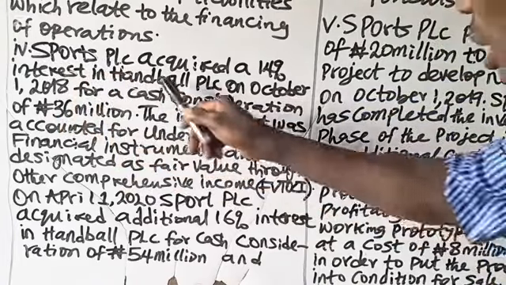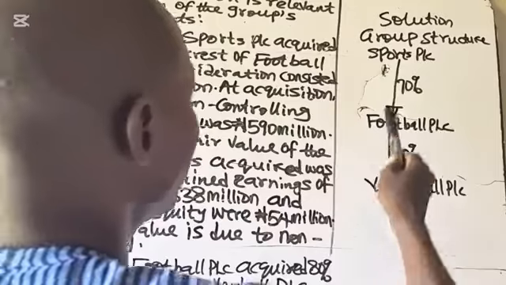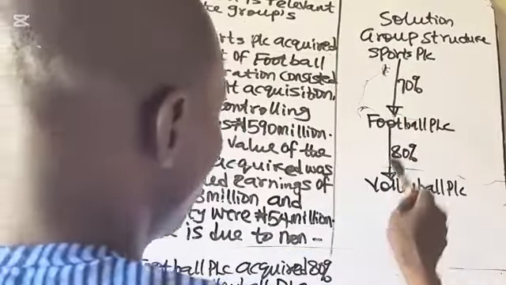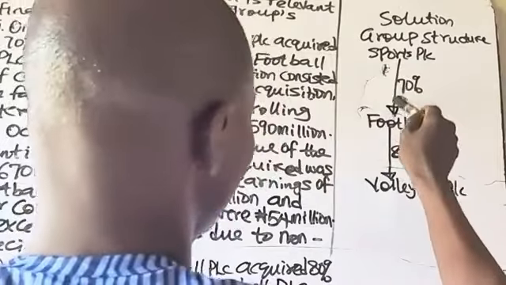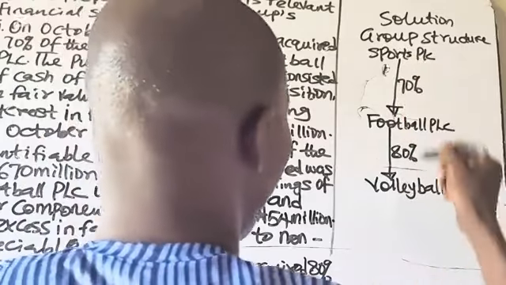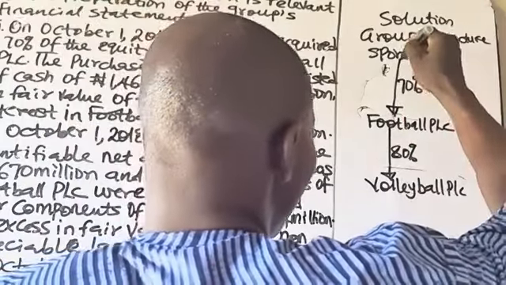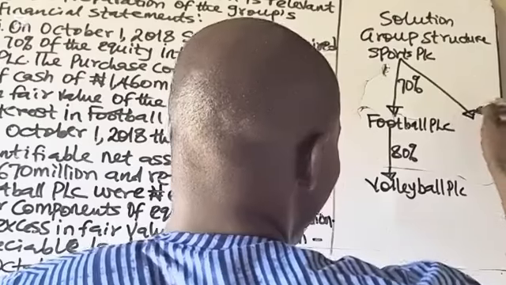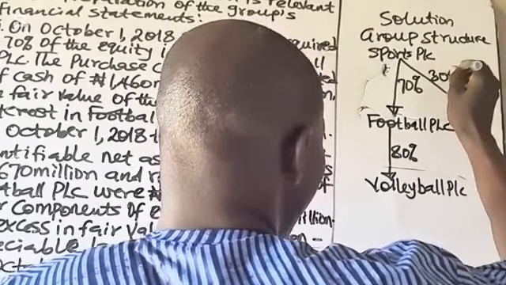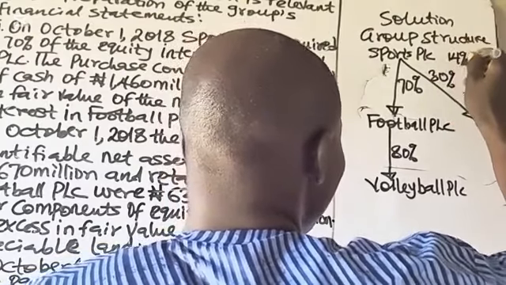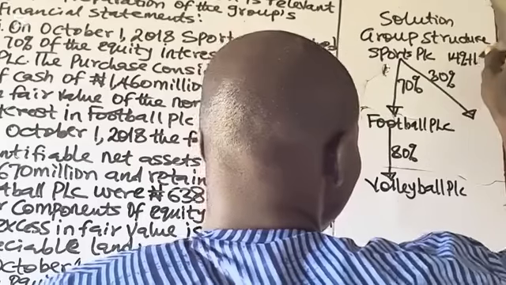So now let's include that in our group structure. This is Sports PLC, this is Volleyball, and this is Football. Handball is not among the three entities. So Sports acquired 30% in Handball. Remember, the 30% is 14% plus 16%.